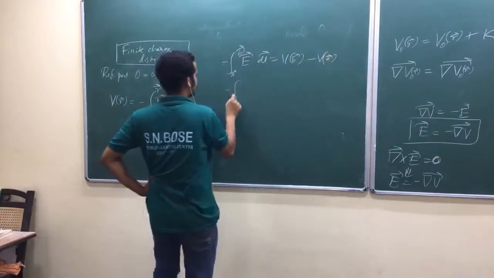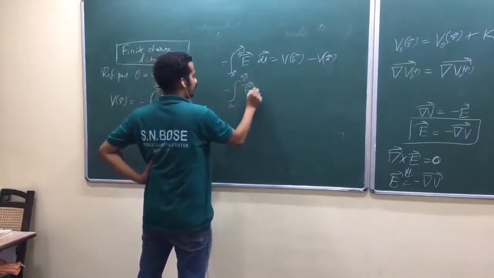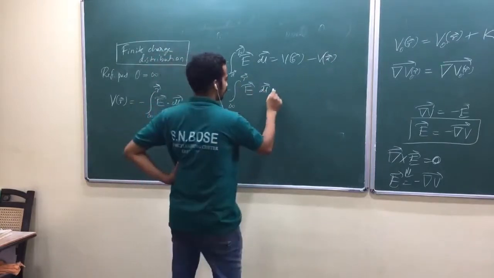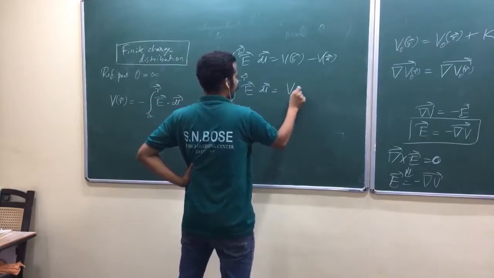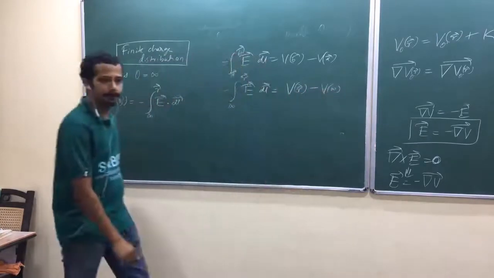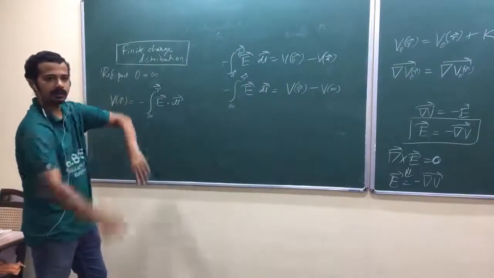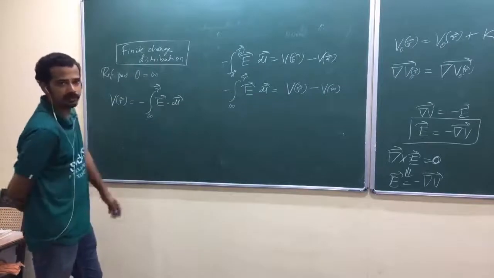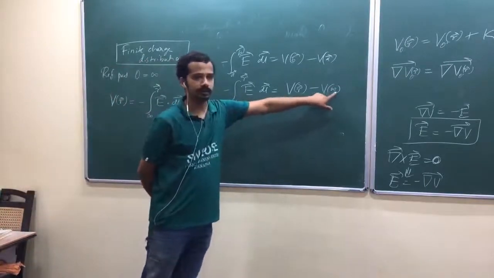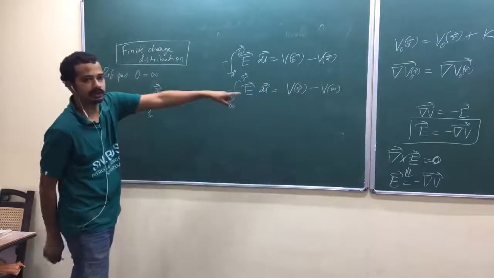Now let me take this one as minus infinity to r, E bar dot dl bar. So that's equal to V at r minus V at infinity. Suppose you are choosing some other standard point, I can define it like that. I can define the whole integral like this also.